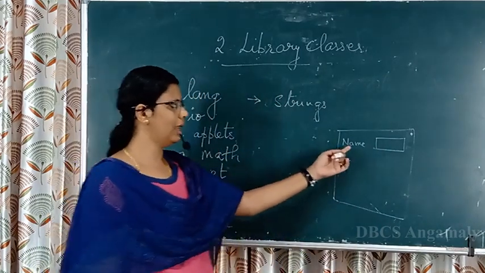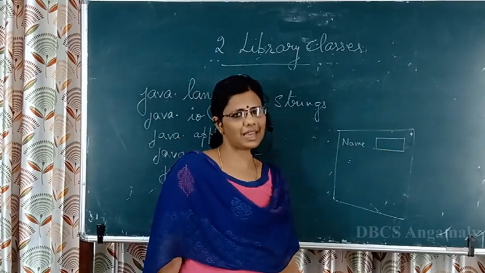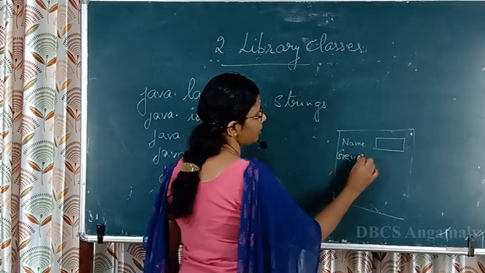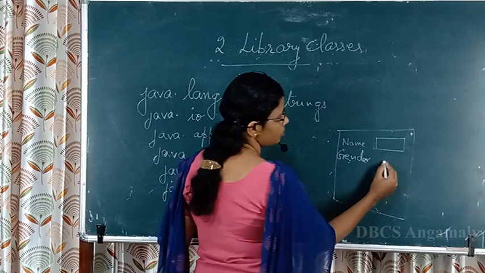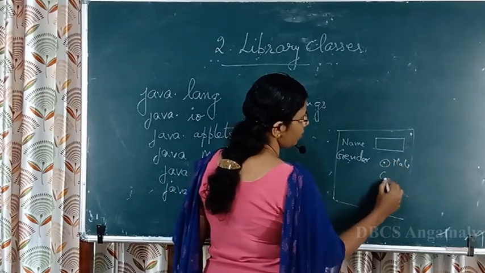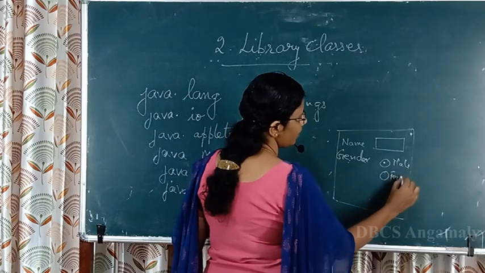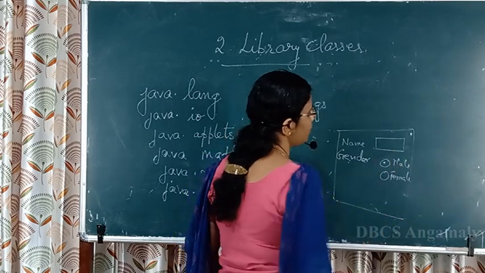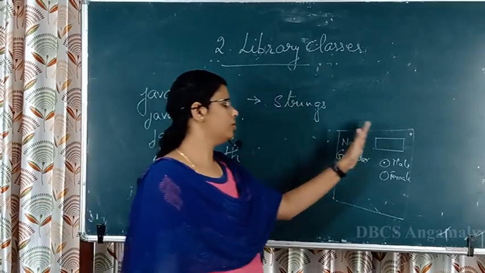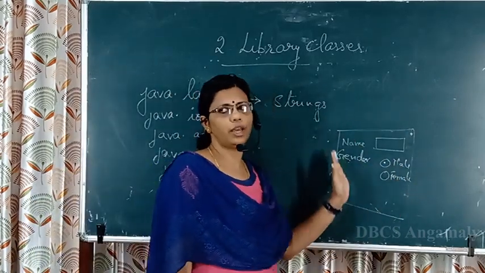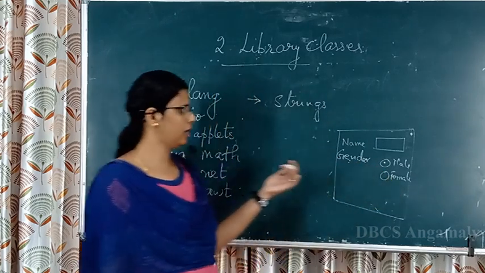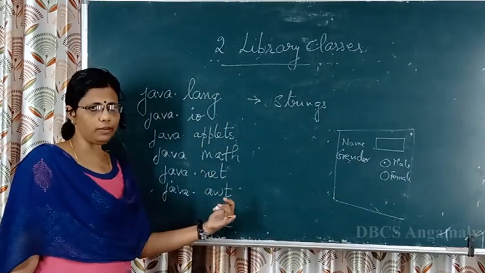This you call a label and this you call a text box. Then for example you have gender. There may be a round which says male and another round which you call female. These we call radio buttons. There are many tools you use to create your web page, and for all these tools you make use of this package called AWT.